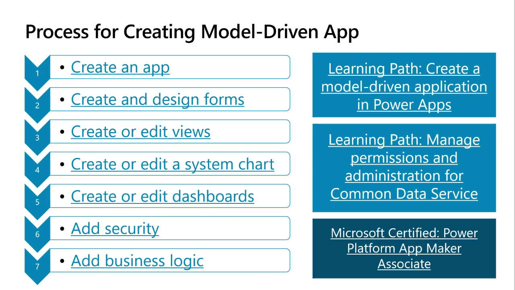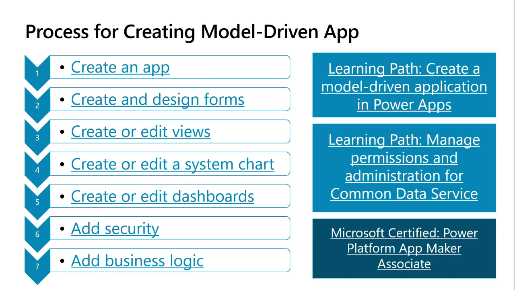Step 1 is to create an app. I actually personally like to create my app as a later step, like between step 5 and 6. But it's really just a personal preference. I think there's a little bit less back and forth if you do it that way, but it's obviously up to you.